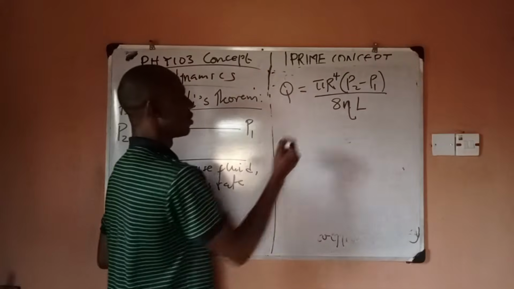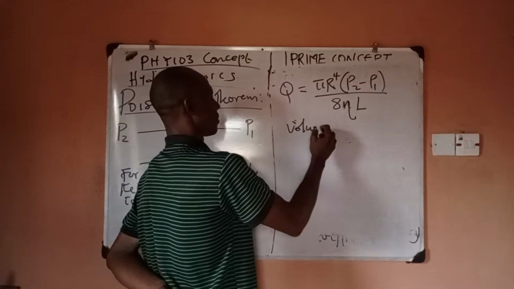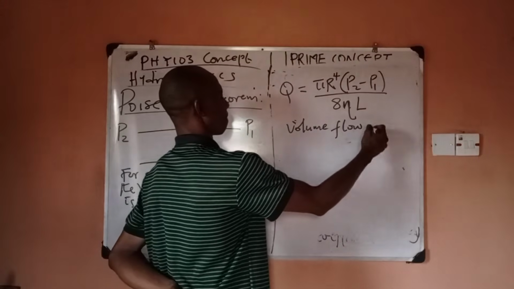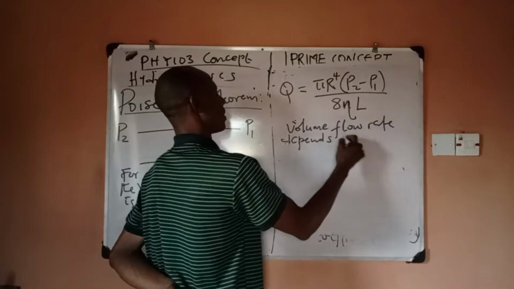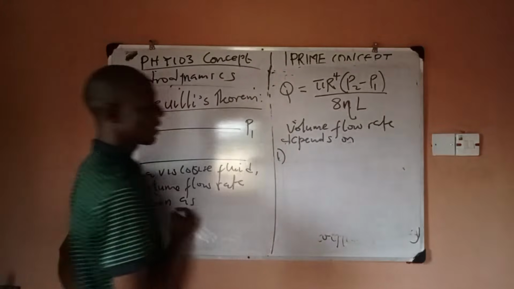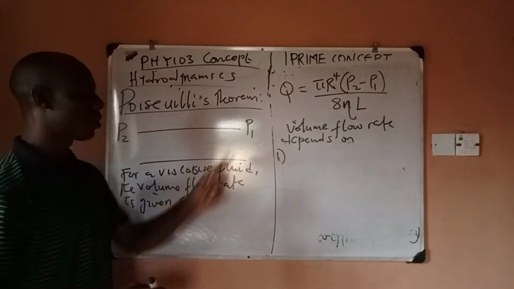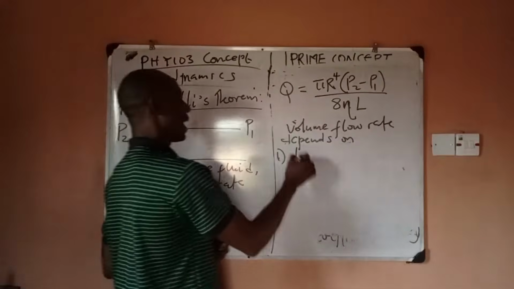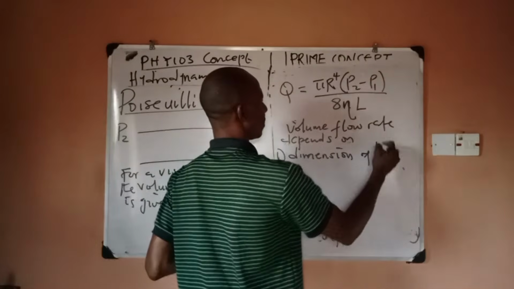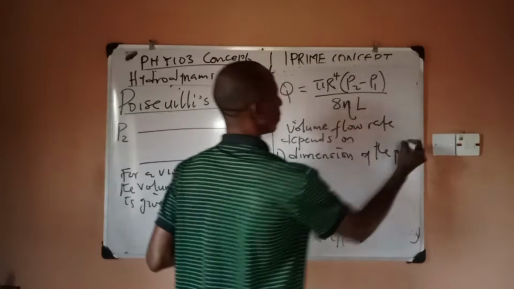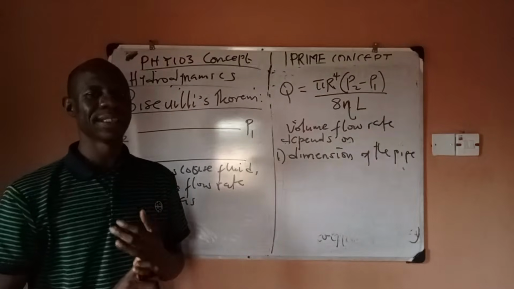And according to his theorem, Q, or volume flow rate, depends on some certain things. The volume flow rate of a viscous fluid depends on, number one, the dimensions of the pipe. So when you say dimension, a pipe has length, it is a dimension.